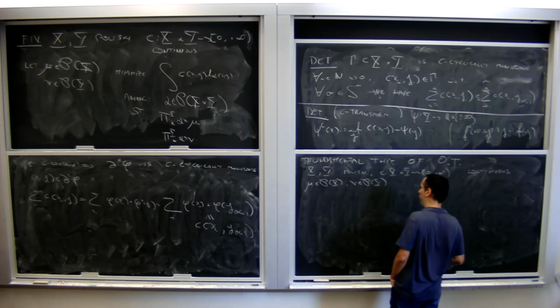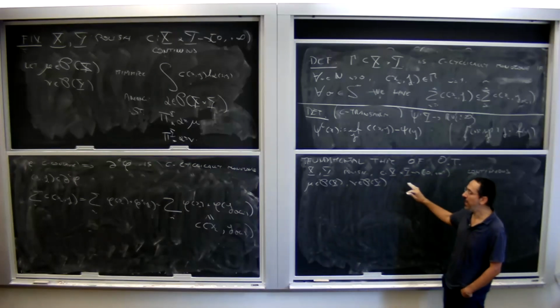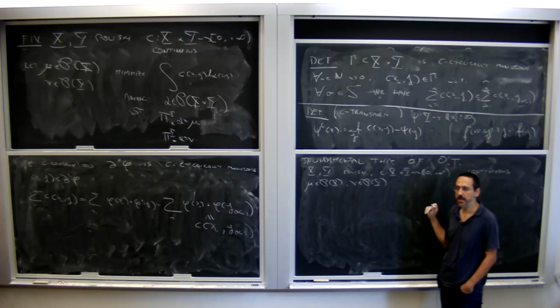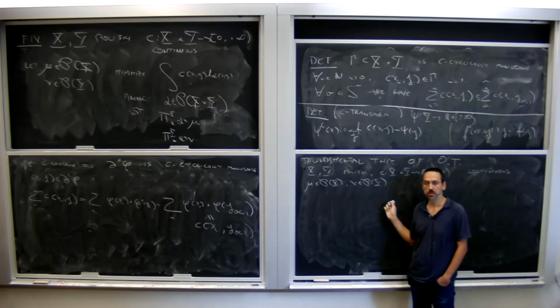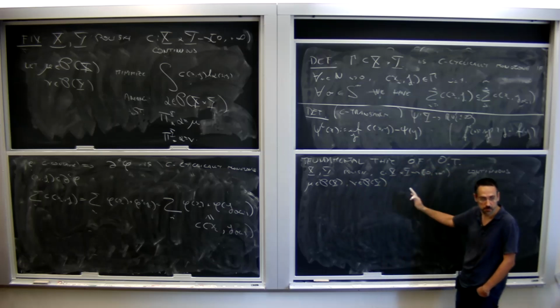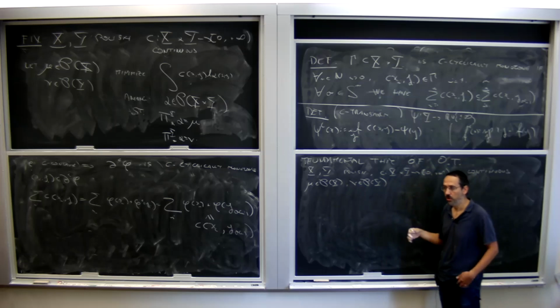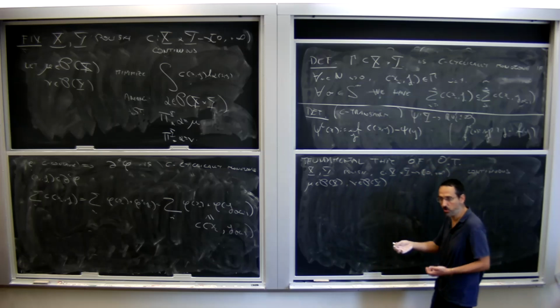And I need to assume something. As of now, it could be that anytime I find a transport plan from mu to nu, the associated cost is plus infinity. I have no finiteness assumption on this. And if I want to deduce something about the structure of minimizers, I really need to assume something that excludes this sort of behavior.